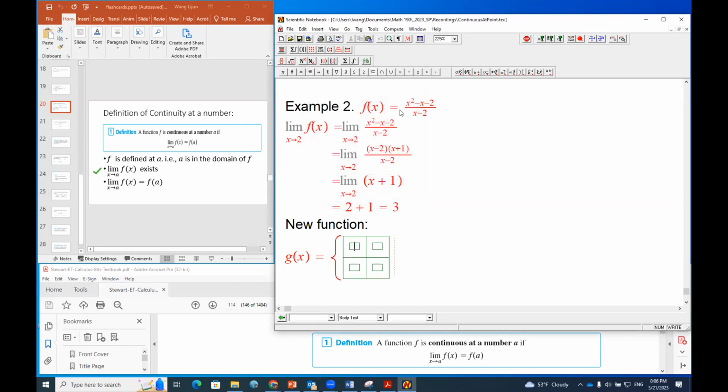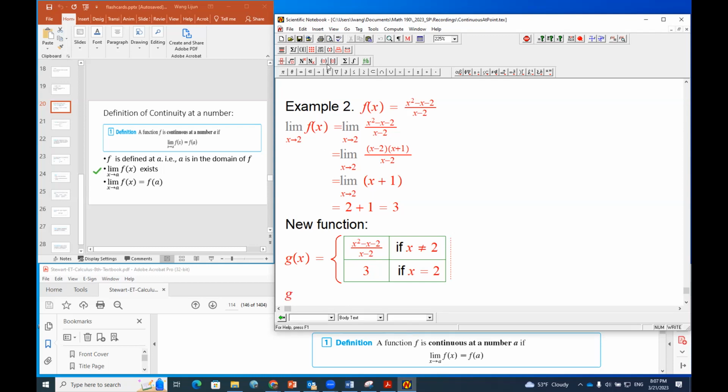For x not equal to 2, g equals the original expression. For x equals 2, I'm going to take the limit, which is 3, and assign it as the value of the function at 2.